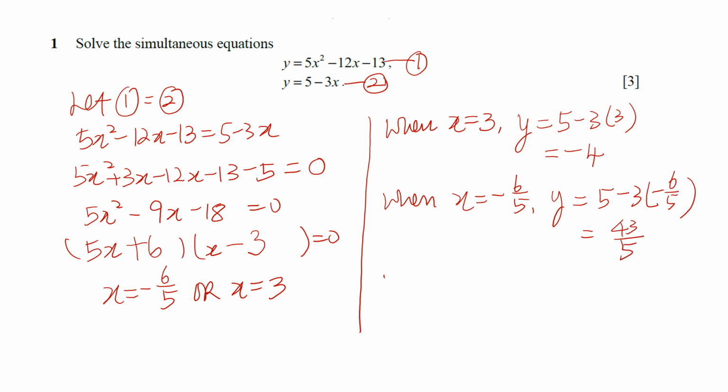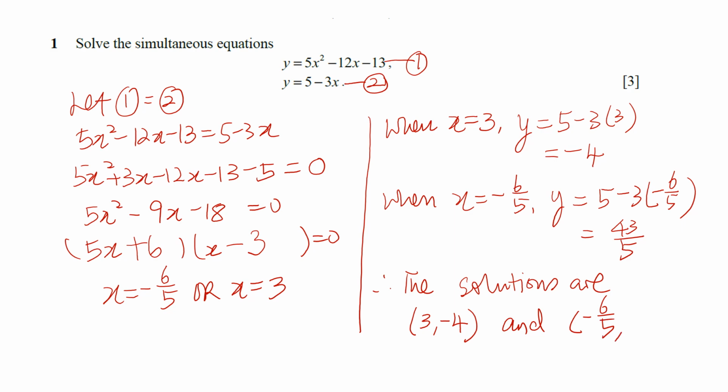Alright, so therefore the solutions are (3, negative 4) and (negative 6 over 5, 43 over 5). Alright, so that's how you solve question 1.